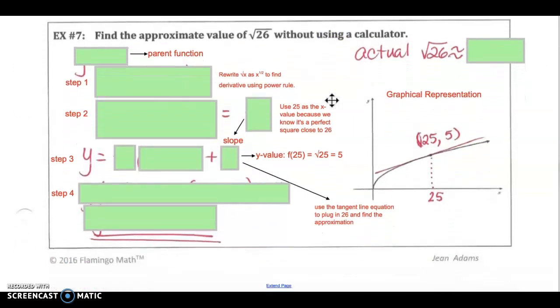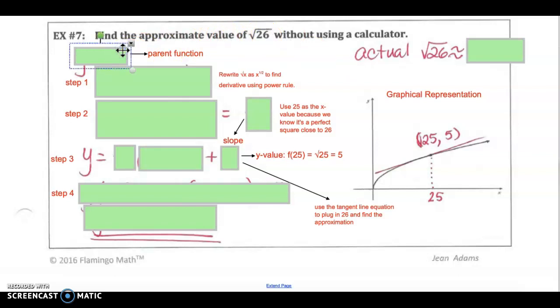So for example 7, it says to find the approximate value of the square root of 26 without using a calculator. I know you guys are probably thinking this is stupid, but this is just an exercise to get you familiar with how to use this approximation. So our parent function, we need a function to go with the square root of 26.